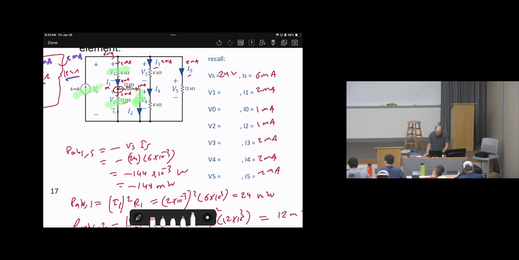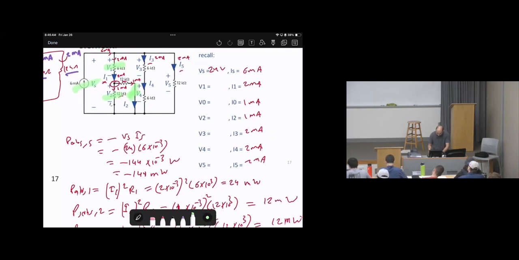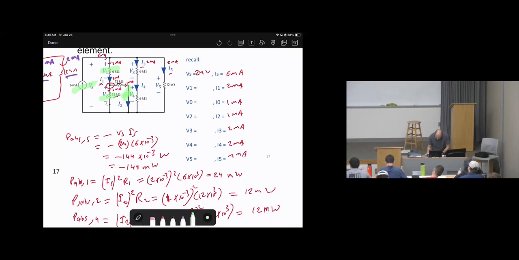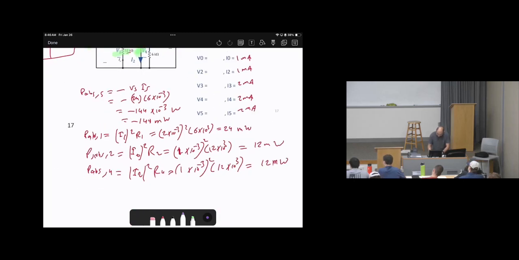Actually this is not called element 4. V1, V2, okay. Let me call it element VO. It's not written, I apologize for this.